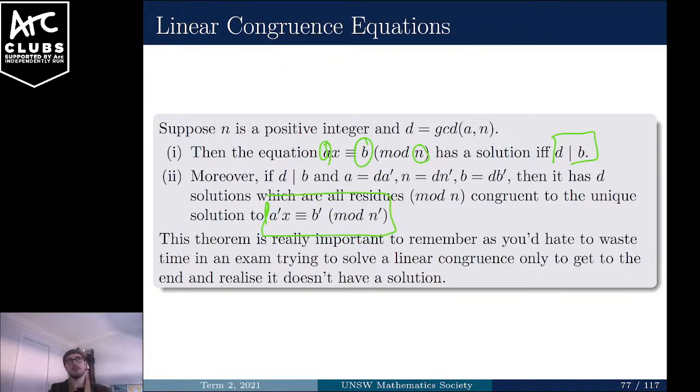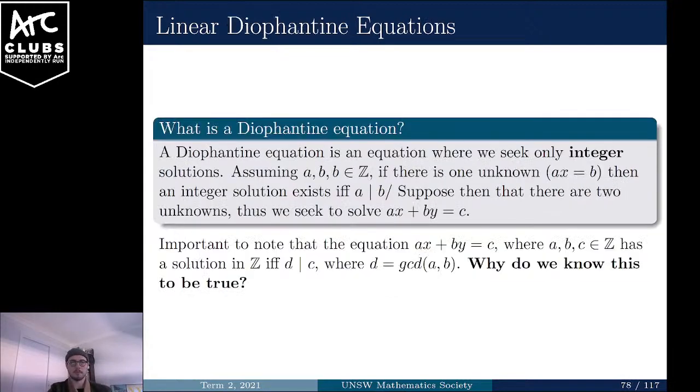Then we've got to remember that when we return to the original modulus, we have d solutions. So remember that if the question says express your solution in terms of the original modulus.